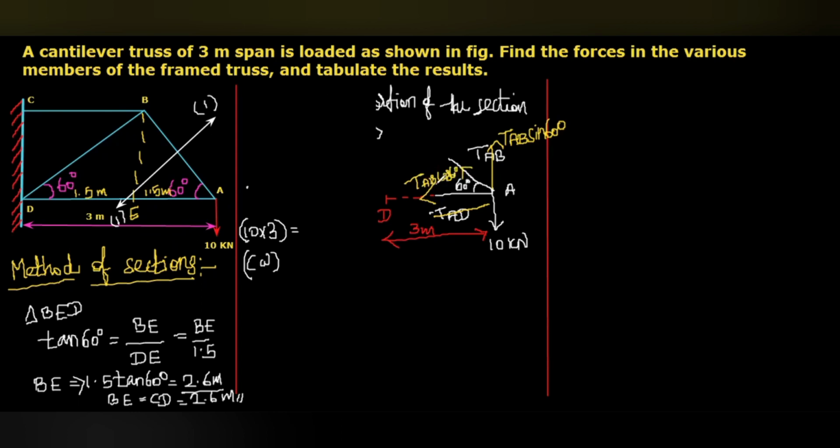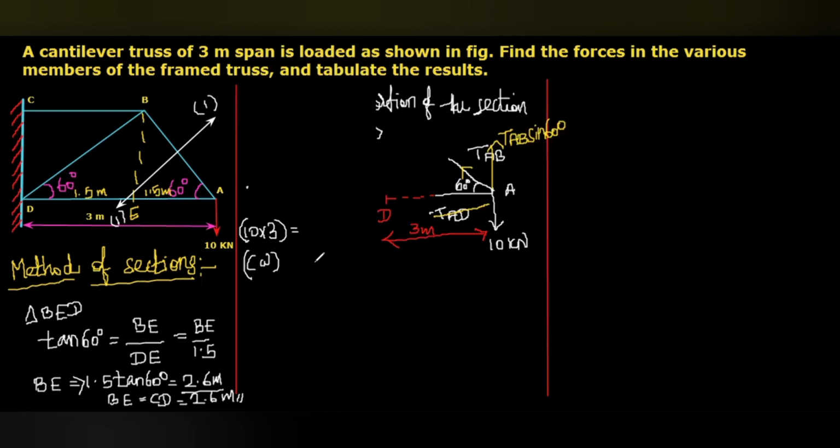But whatever, the TAB cos 60 line also passes through the point D, so the moment due to the TAB cos 60 we are going to eliminate. This upward force, TAB sin 60, is at a distance of 3 meters from the point D. So TAB sin 60 multiplied by 3 from the point D will be counterclockwise. This only I am going to consider.